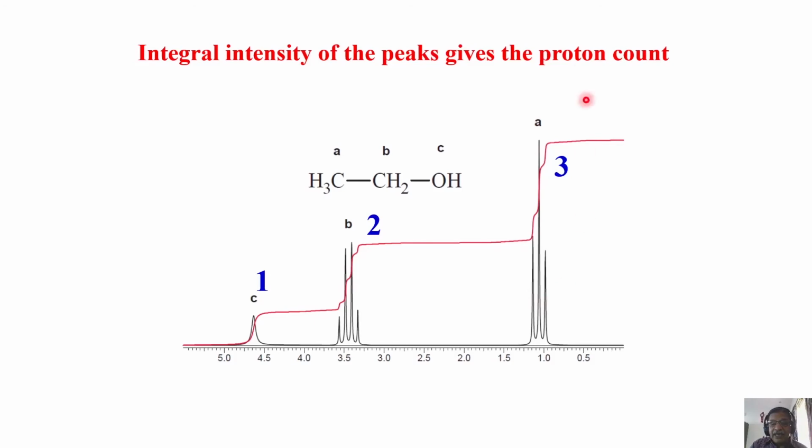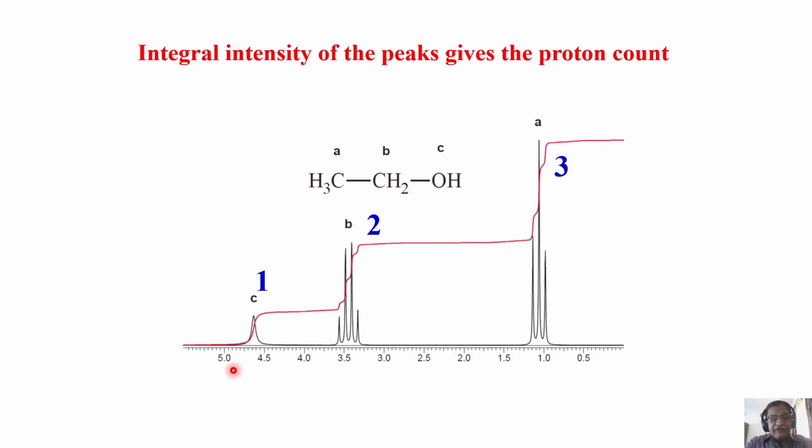So the integral area of each peak gives you the proton count for that peak. So the integral area is 3 here, the proton count is 3; compared to 2 here, proton count is 2; and this is proton count 1. But remember, there must be something relative.